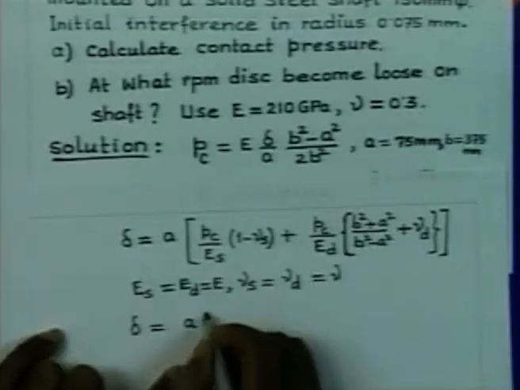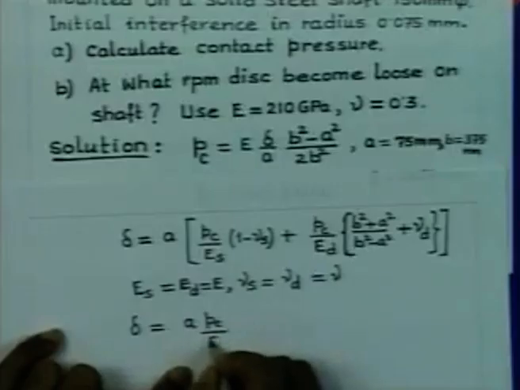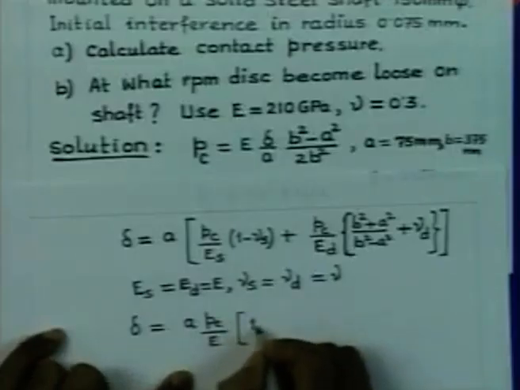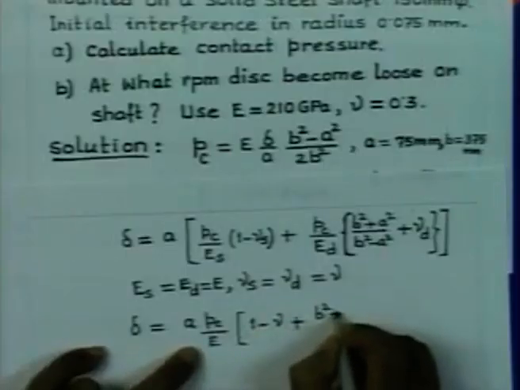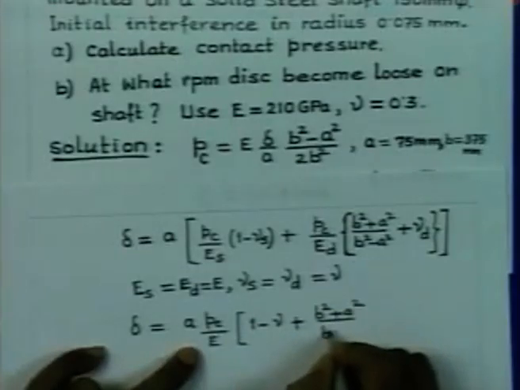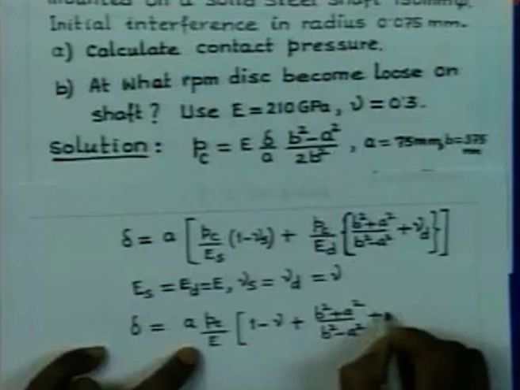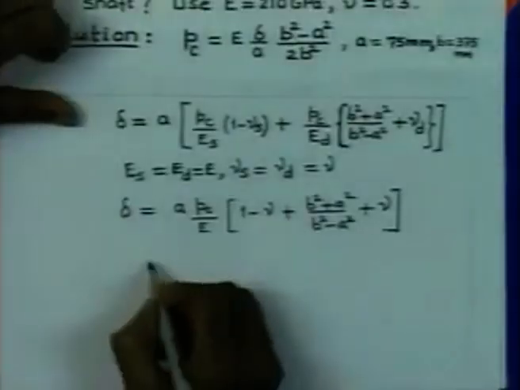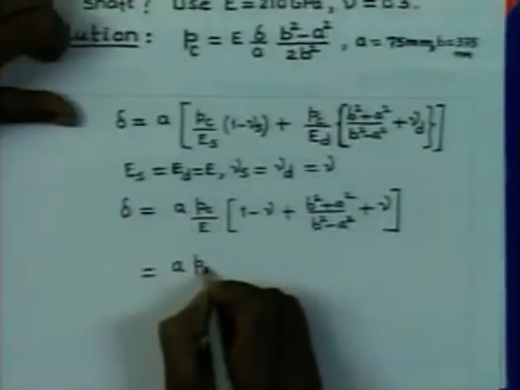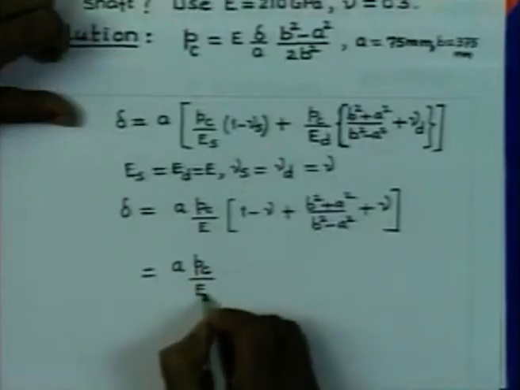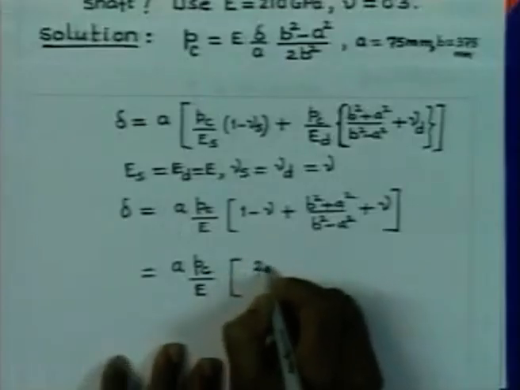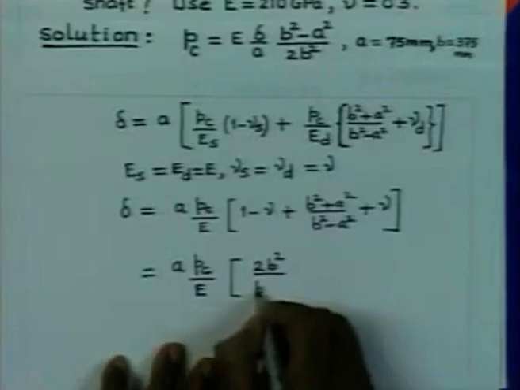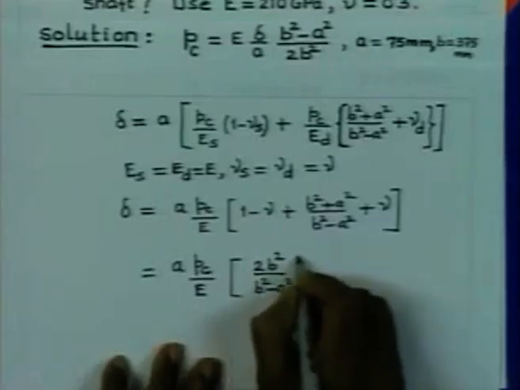Then we have A into Pc by E, 1 minus nu plus (B square plus A square) by (B square minus A square) plus nu, which further reduces to 2B square by (B square minus A square).